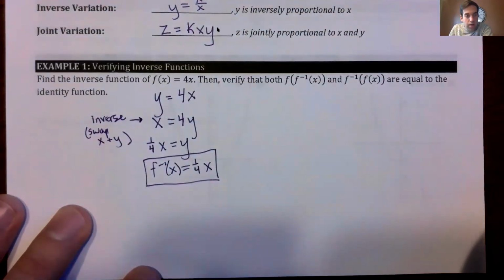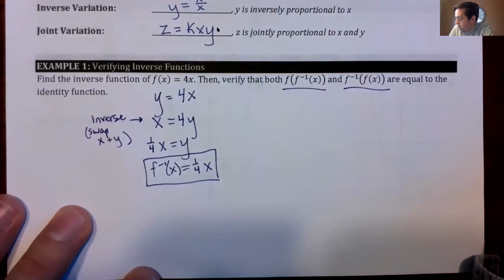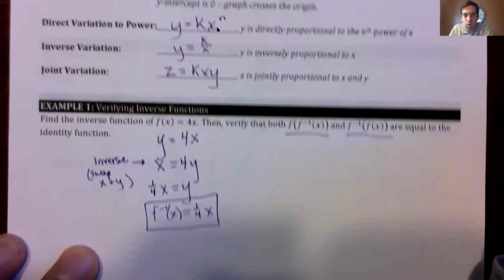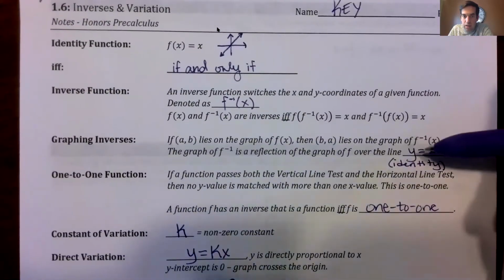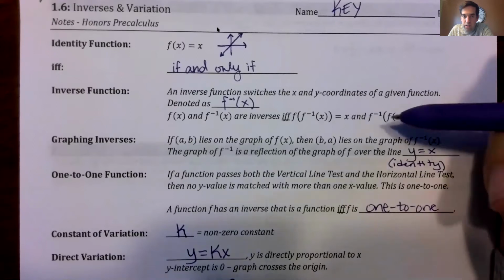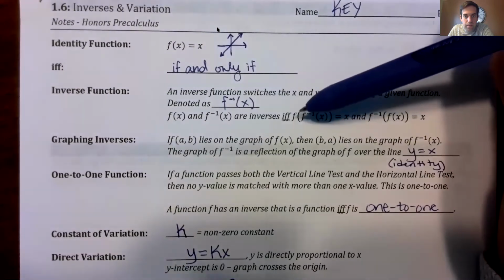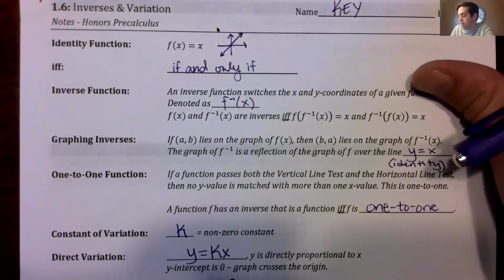So that's our inverse. But now what we're going to do is verify that both this composition of functions and this are equal to the identity function. Remember, the identity function is f of x equals x. So that function's showing up multiple times in our lesson because we're going to look at it when we look at the graph, but it's also right here. The composition of functions has to equal x, which is our identity function.